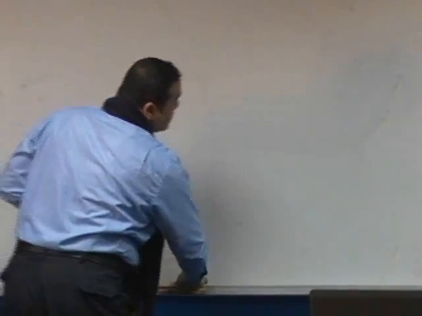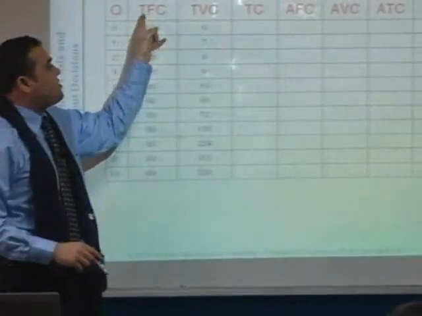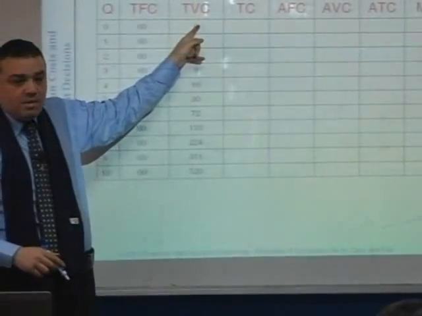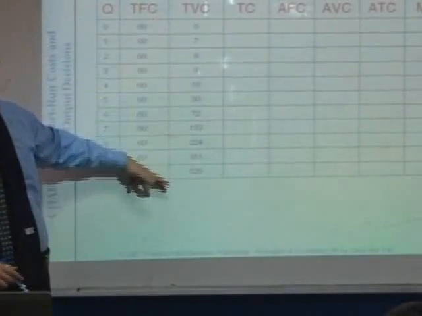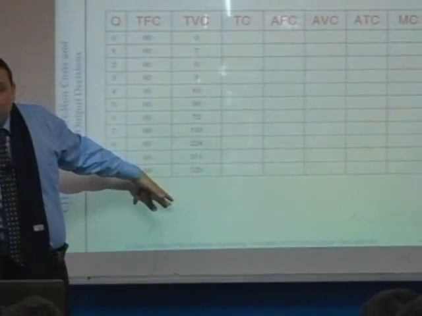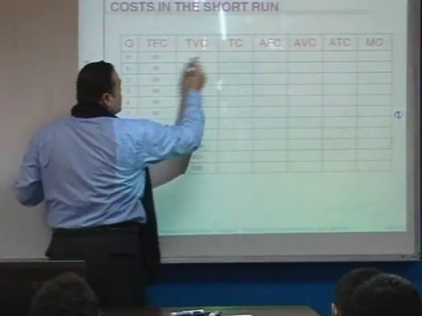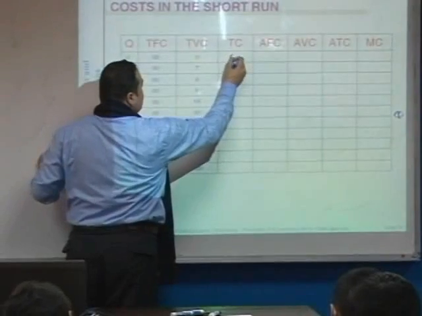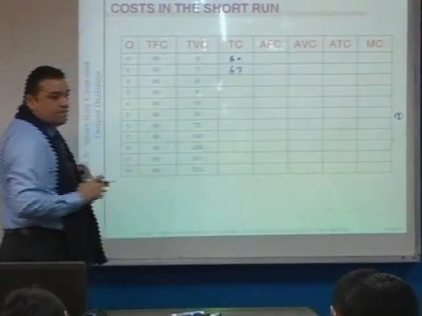To calculate the total cost, as we mentioned, total cost equals TFC plus TVC in all cases. And as you see, TFC is constant at all quantities produced. So TFC plus TVC, 60 plus 0, 60, 67, and so on.